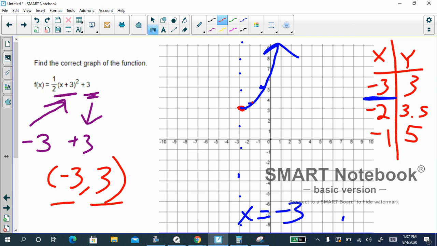This point is to the right one, so we're going to go to the left one. This point's to the right 2, so we're going to go to the left 2, same y value. And there's our parabola. It has a minimum of 3. 3 is the lowest y value on the graph.